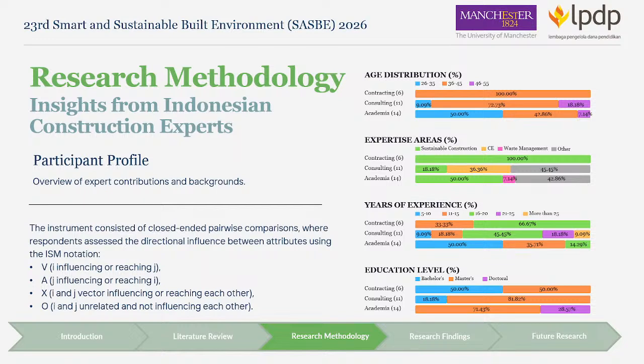Sorry, I think this is the wrong slide. You can see the colors: the most common age distribution is around 36 to 45. The expertise area is mostly contractors. For years of experience, this is also wrong, the most is around 5 to 10 years, and most have master's degrees.